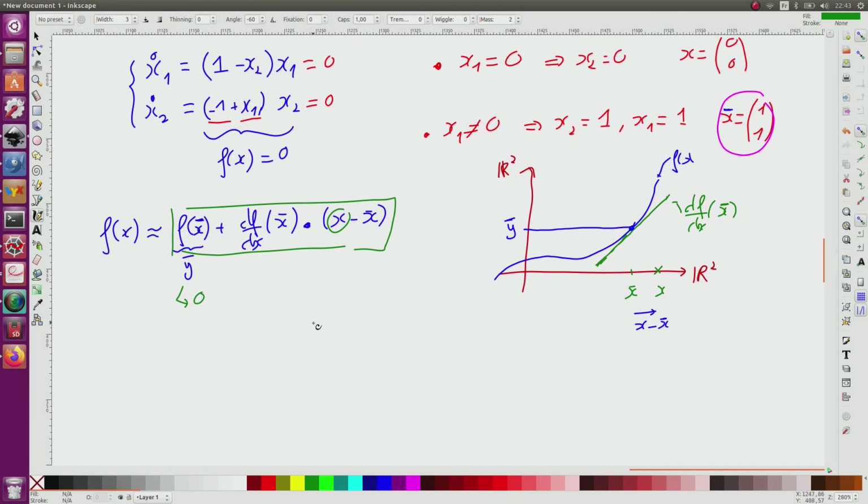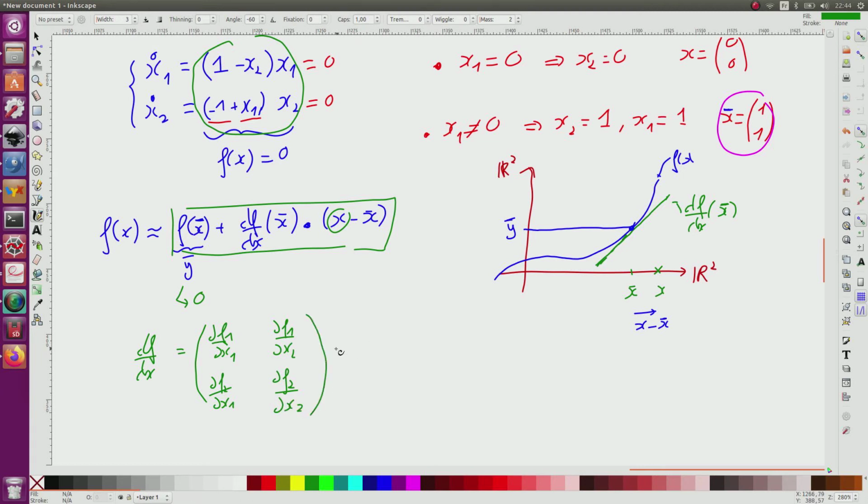Since this corresponds to f, the derivative of f with respect to x is equal to the partial derivatives: f1 with respect to x1, f1 with respect to x2, then f2, the second component, with respect to x1, and f2 with respect to x2.